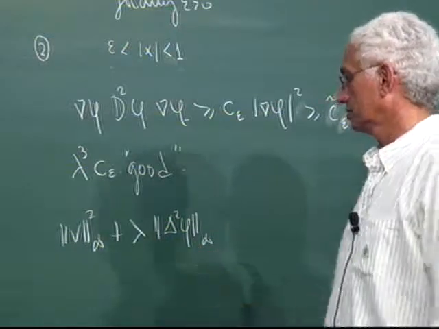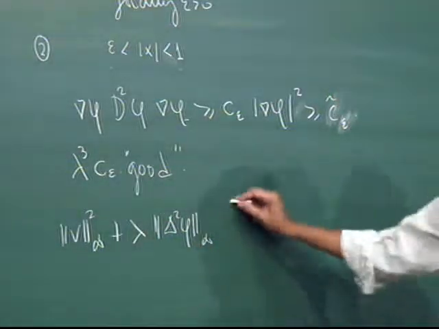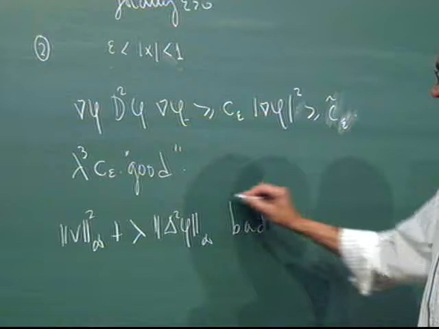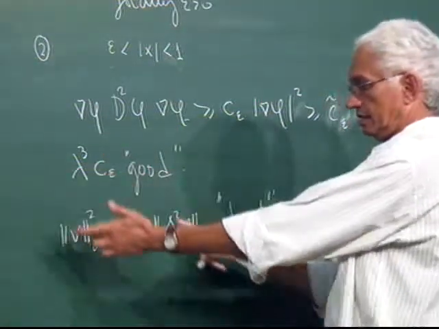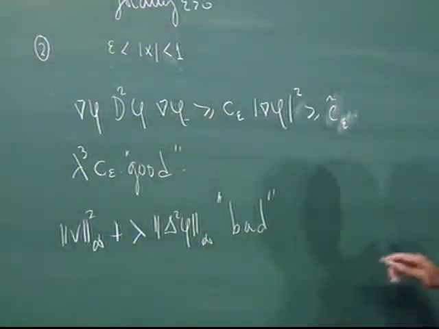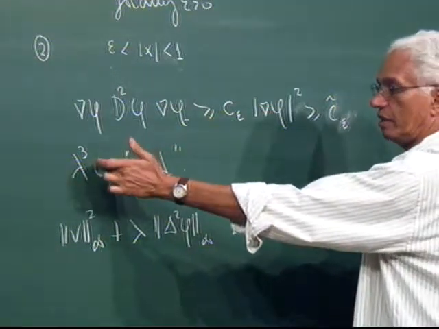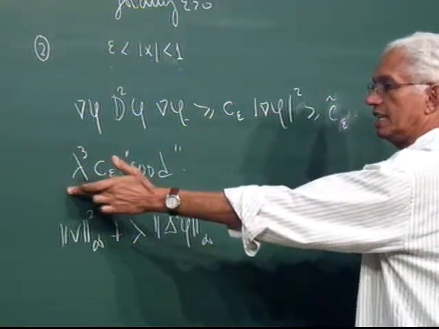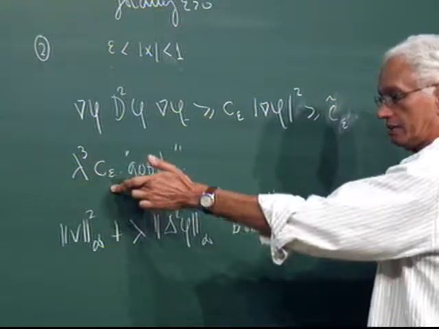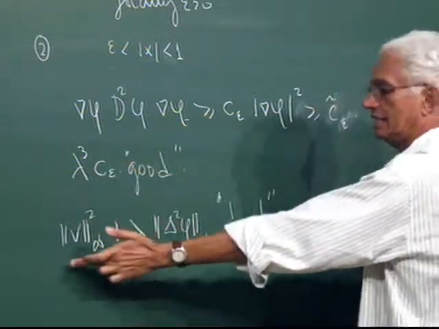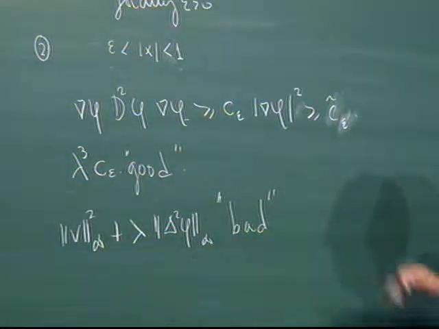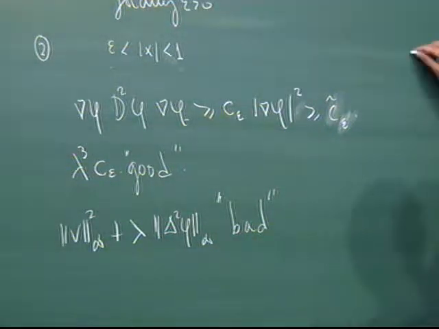This is square. This is the bad. Can you control this with this? Yes. Once you fix the epsilon, this is a fixed number, and now you take lambda sufficiently large because this will grow like a cube in lambda, and this will grow linearly in lambda. Then you can control the things. Then it remains to prove only what happens close to 0.